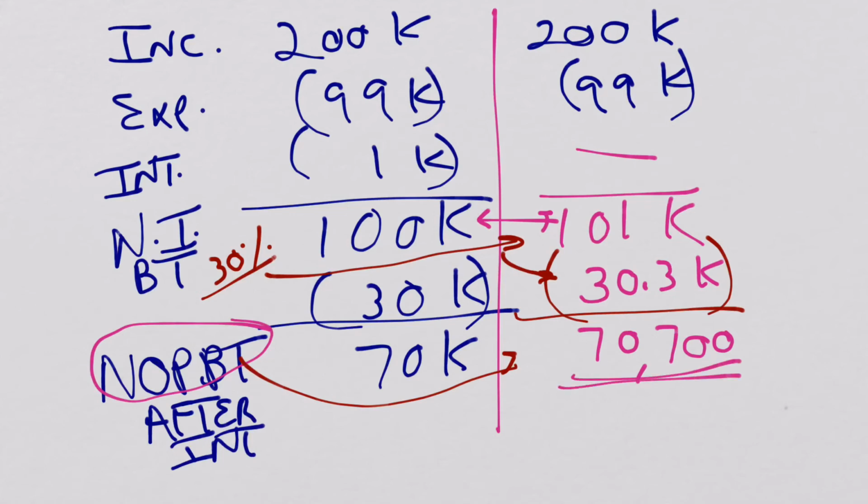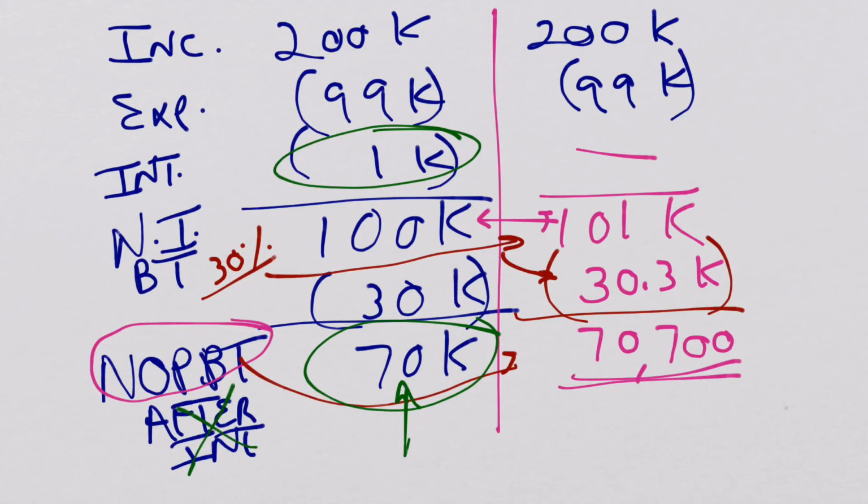So notice that in the contrast between taking what was the official net income after interest expenses deducted, and what we wanted to do is to translate this into NOPAT, net operating profit after taxes, but before interest deduction, the add back is not the $1,000.